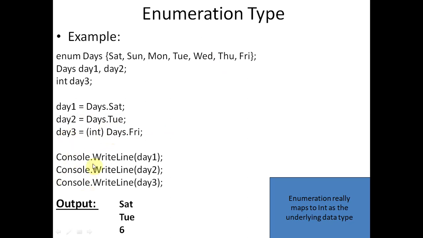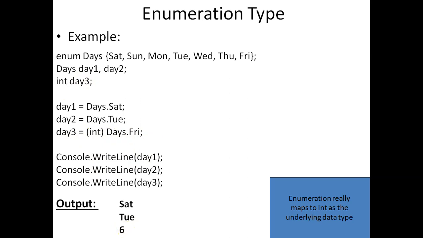So when we print Console.WriteLine day 1, it will directly return Saturday, day 2 will return Tuesday, and day 3 is an integer type variable, and Days.Friday is converted through typecasting into 6. So it will display 6. So in the enumeration type we can manipulate in this way.